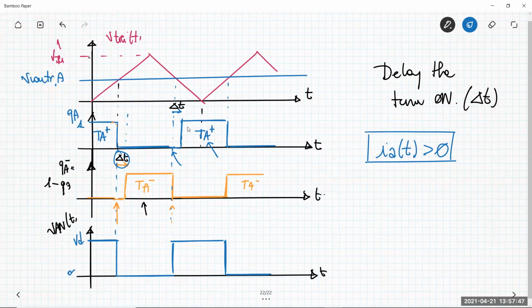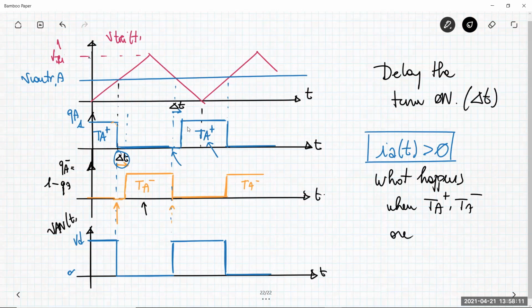So I come from a situation in which TA plus is on and TA minus is off, to a situation in which both TA plus and TA minus are off. So what happens when TA plus and TA minus are both off?